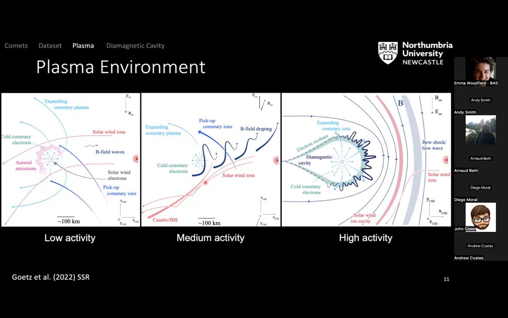This can induce really weird structures where, for example, the magnetic field is dragged around the comet in a direction that's very counterintuitive. I'm going to show that a little bit later. But for the rest of the talk, we'll be dealing with the high activity here, so I'll focus on that a little bit more.